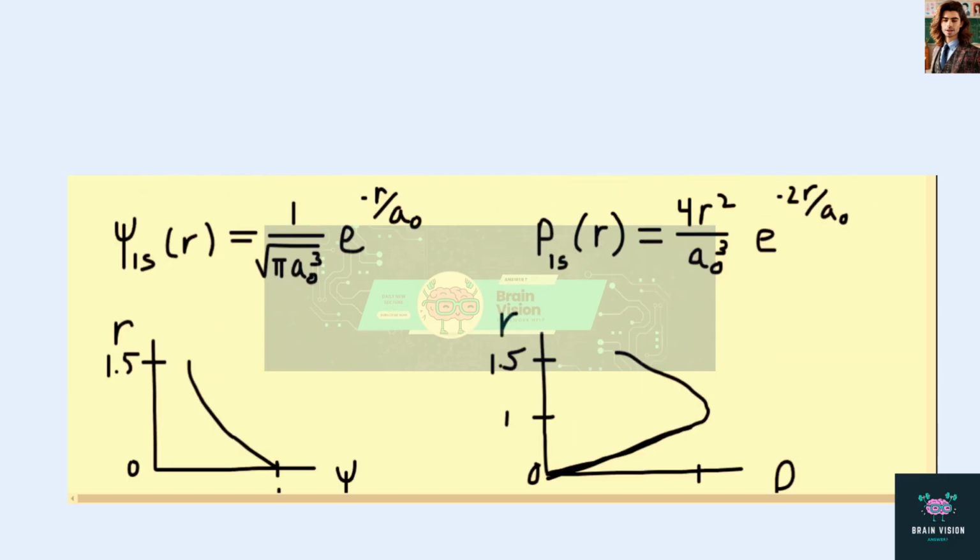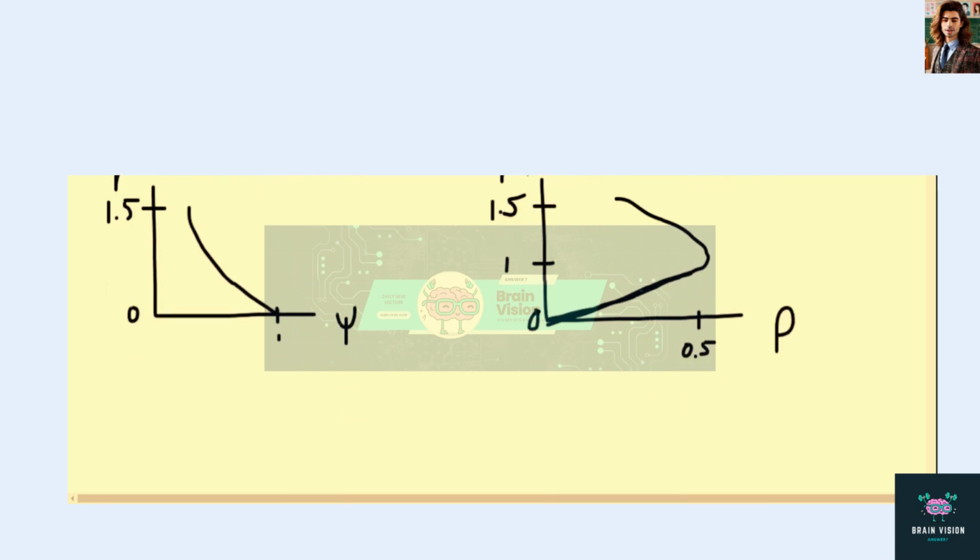So it doesn't ask us to make any statements. It just asks us to plot these out. But clearly, both the wave function and the probability density are radially dependent.